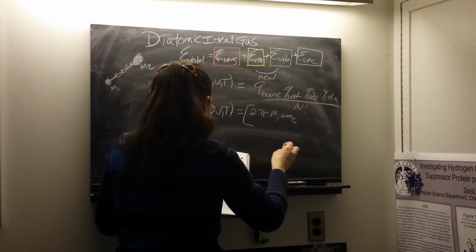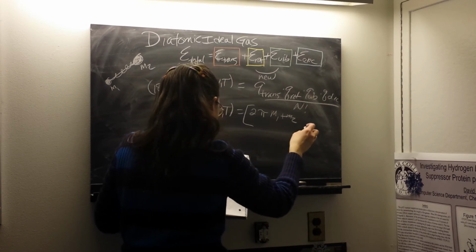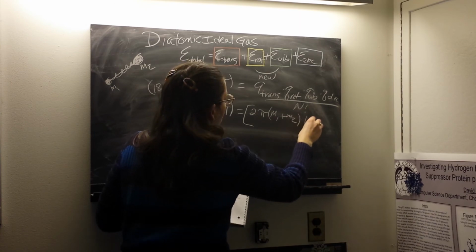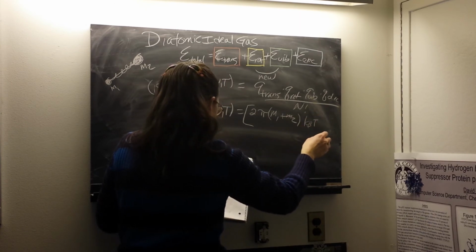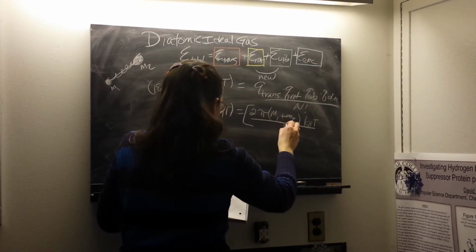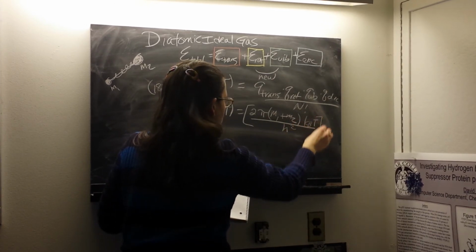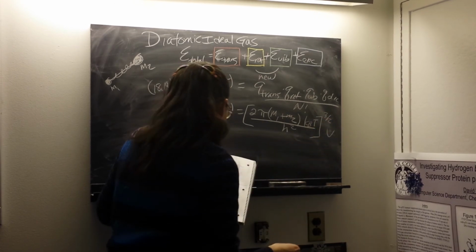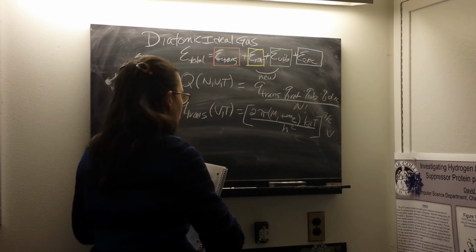Basically we need to have a mass in here, and we had a mass in here before, but now we need to deal with the fact that we have a diatomic, so we're going to be using both masses. But otherwise, this equation is rather similar.